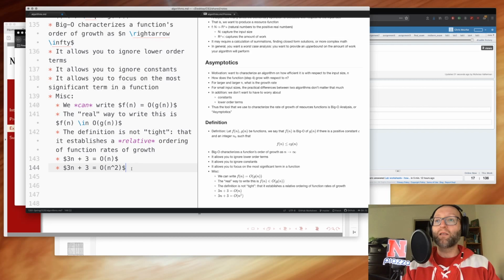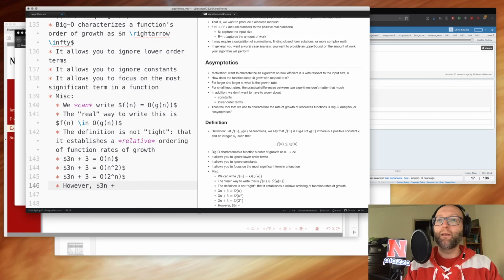So it just has to be that the thing on the left-hand side is less than or equal to the thing on the right-hand side asymptotically. And of course, you can continue to make it bigger, right? 3n plus 3 is still going to be order of, say, 2 to the n, right? That's even bigger. That's going to be an exponential function. However, you can't go the other way around.